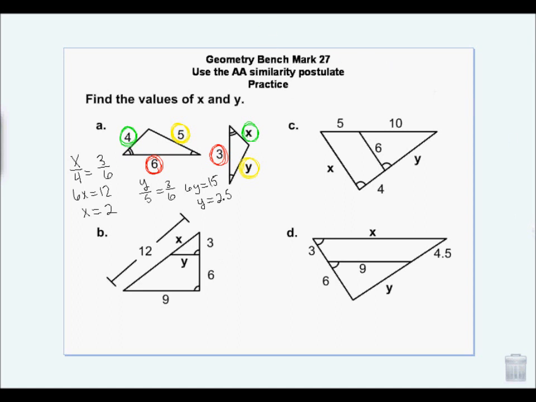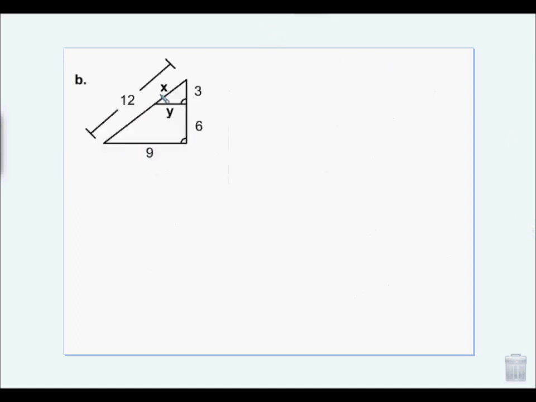Okay. Now for B. All right, we have two triangles together, so I'm just gonna draw a big one and a small one, right? Okay. I have that this bottom angle is, and this bottom angle.